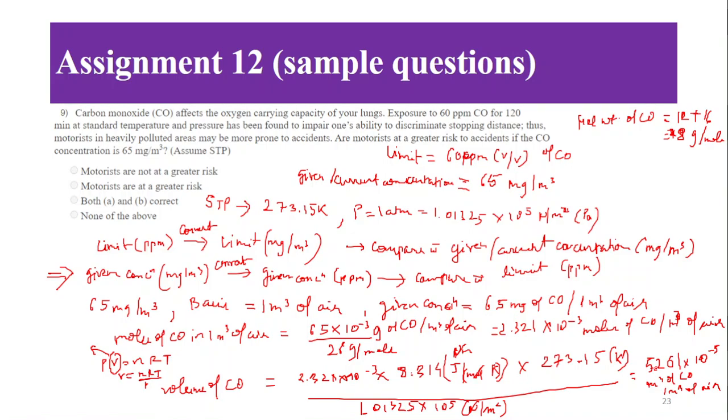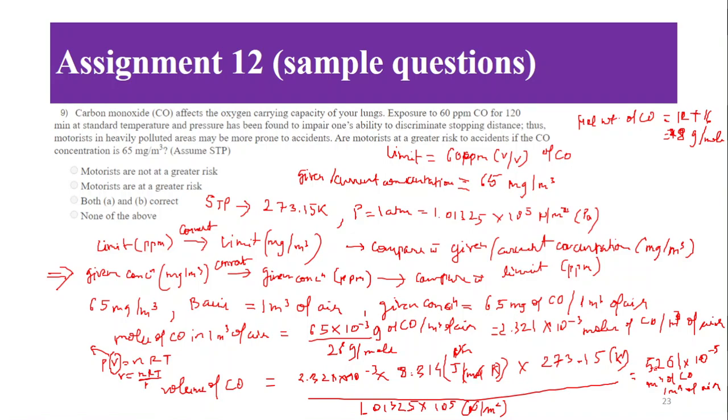So this becomes 10 to power minus 6, and this is equivalent to 52.01 ppm of CO.